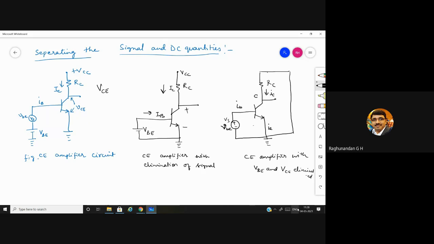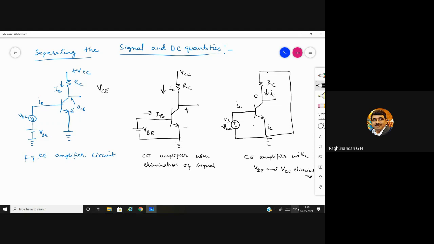But in the circuit diagram we are discussing, we don't have any capacitor, so obviously the output will be a combination of AC as well as DC. That's why I have written small v capital CE. Small v capital CE indicates the instantaneous voltage. Instantaneous voltage is always the sum of AC voltage plus DC voltage. So now it is the combination of both.